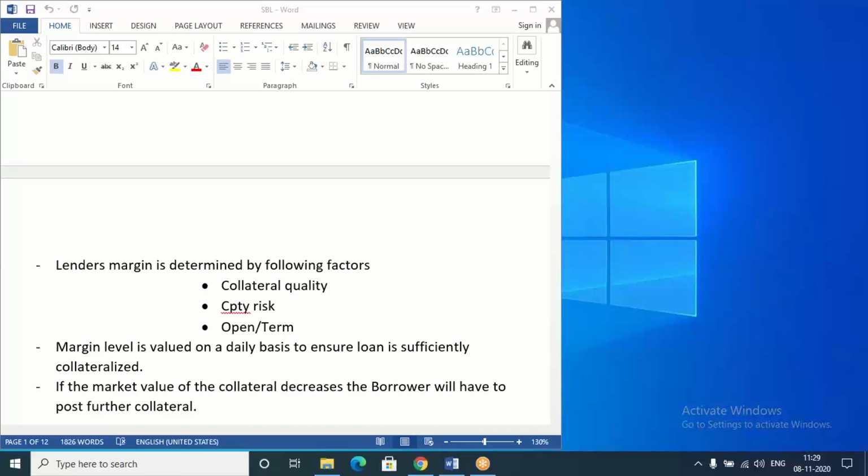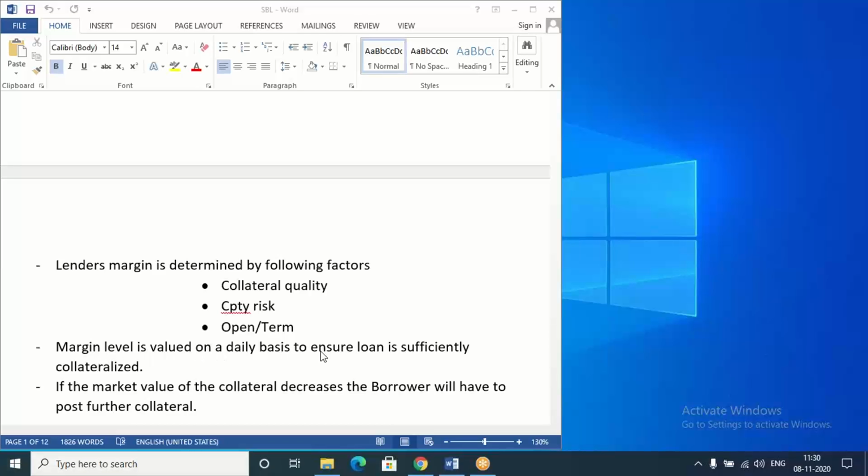So now the number of shares that the borrower would have to give is 120,000, correct? But he already has given 100,000. Yes or no? Yeah. So he'll have to give an additional 20k shares.